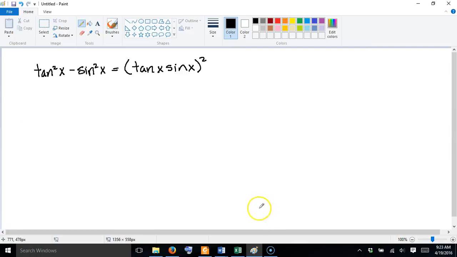All right, so this is an equation that we have to verify that it is an identity. And remember, to verify identities, many times you are going to have to use many algebra skills, such as factoring and foiling and rationalizing the denominator or something to that effect.